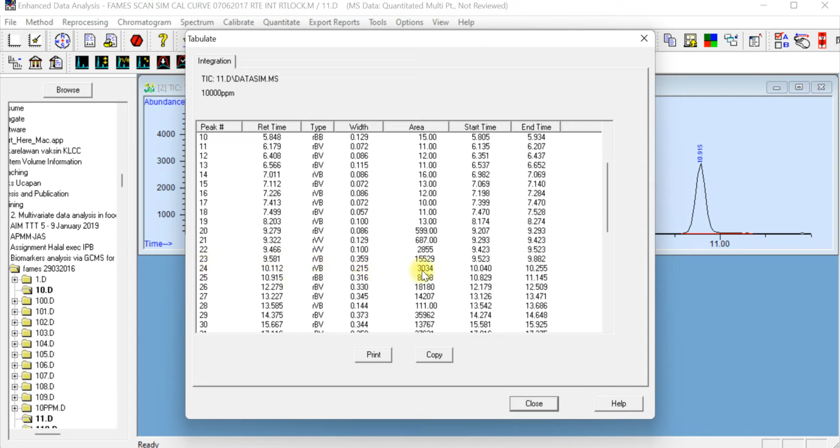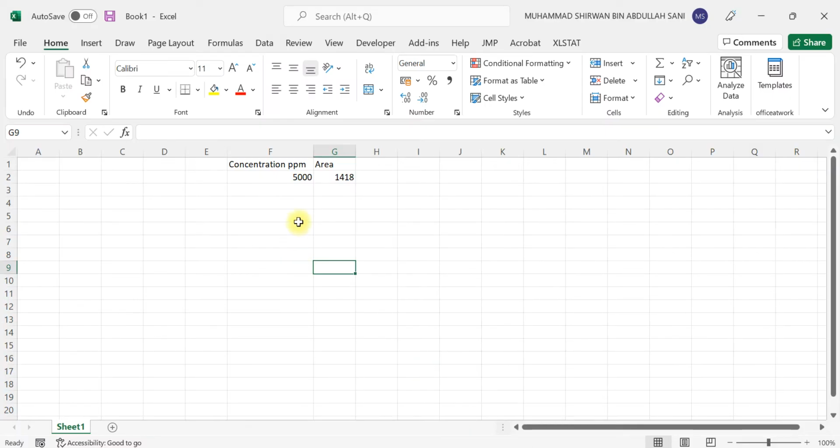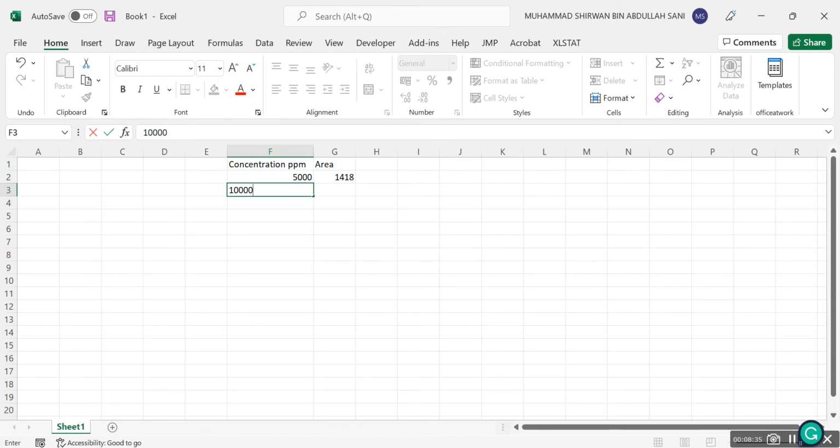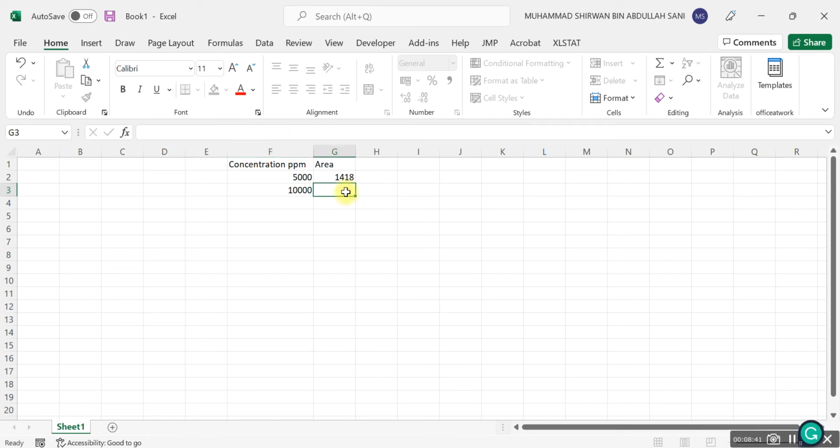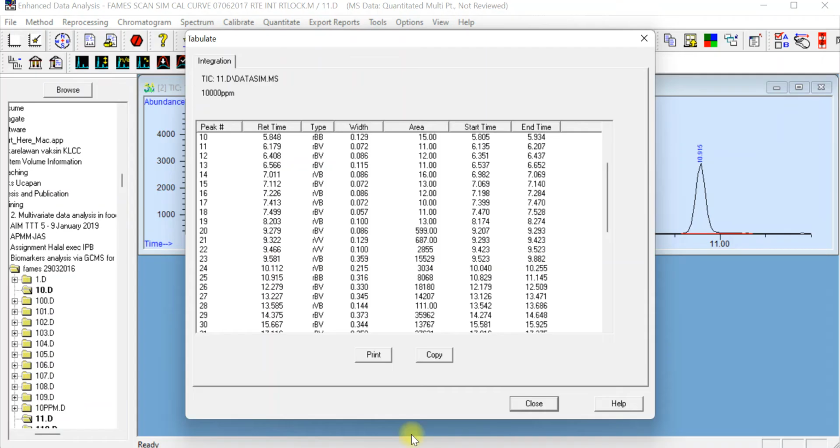At 10.112 the area is higher here, 3034. So you go to the Excel, 10,000 ppm, and go back here, which is 3034.